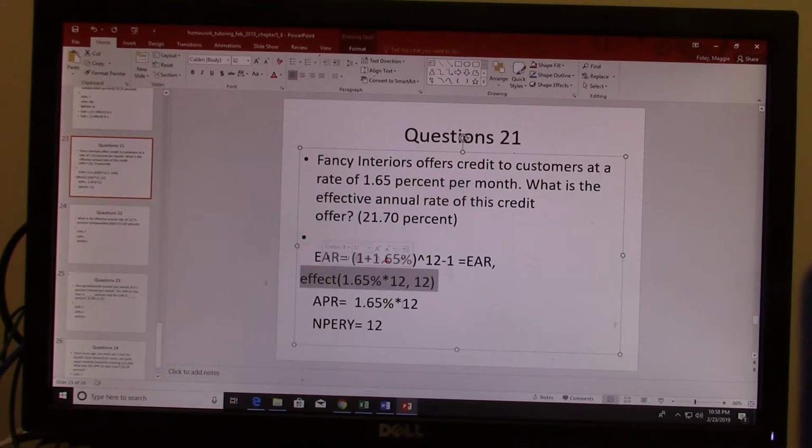You type this command in Excel, but this is the math equation to get it. So EAR is compounding at 1.65% a month for 12 times in a year. APR simply adds them up, 1.65% 12 times.